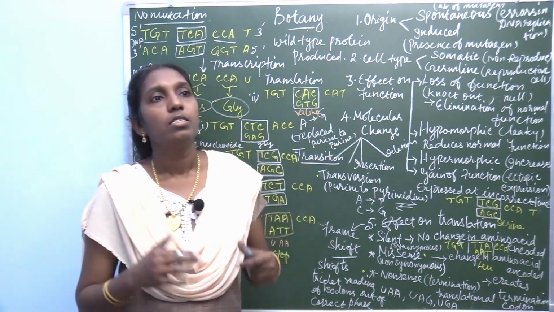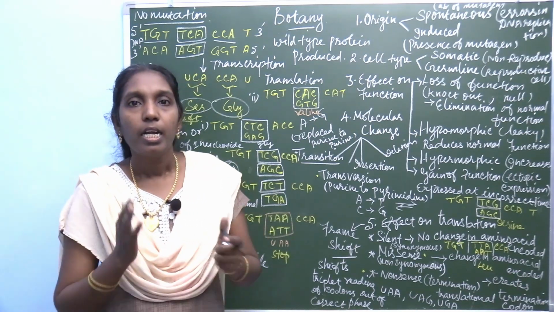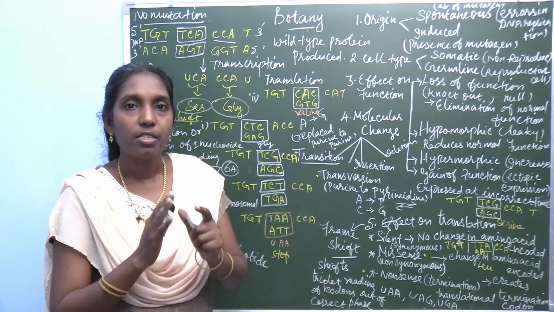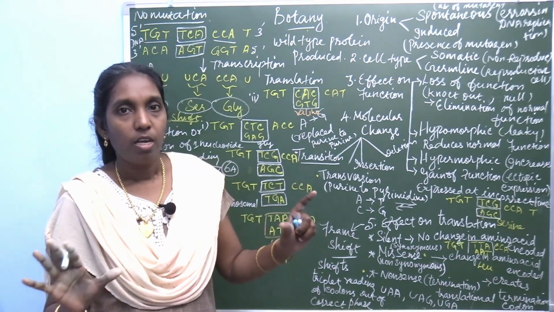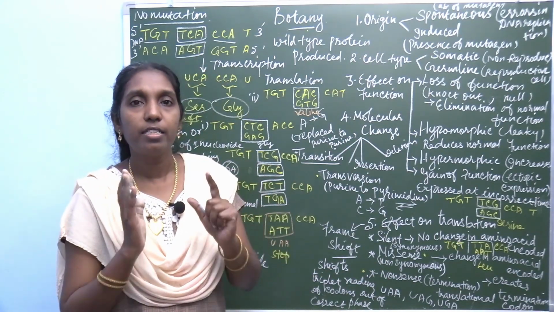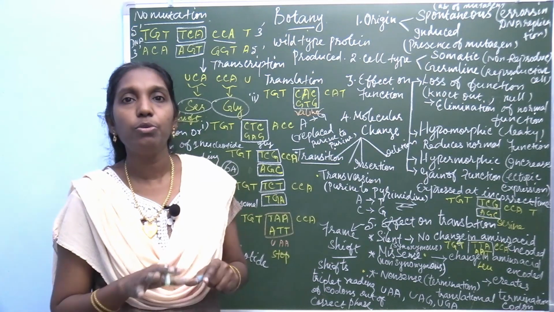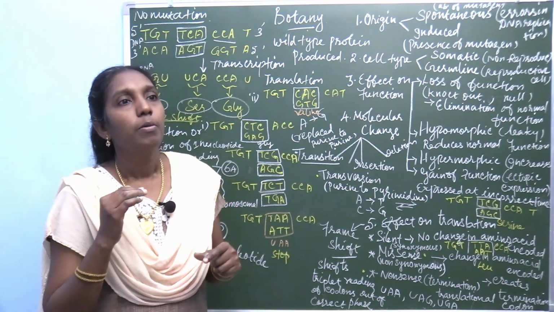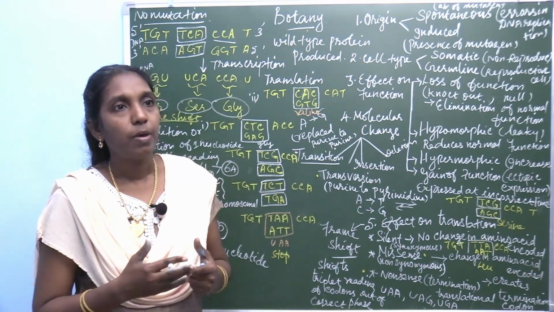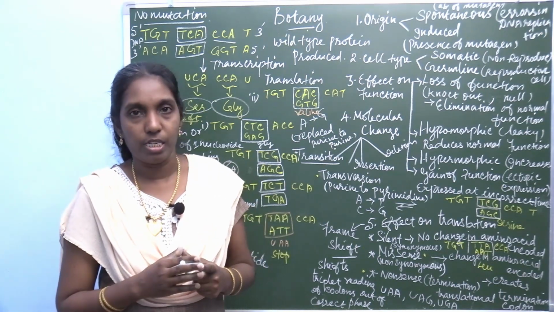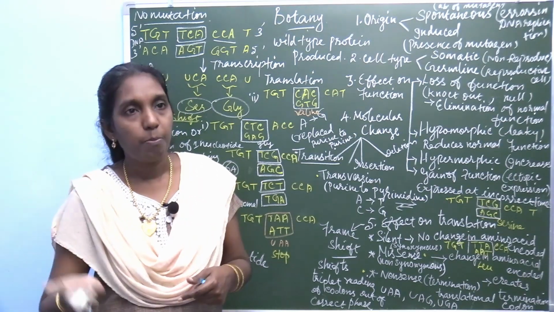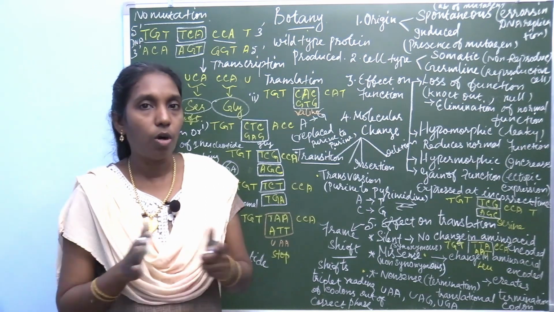Before that, see these base pairs. Depending upon the base pair, the gene mutation can be classified broadly into 2: base pair substitution, and base pair insertion or deletion.